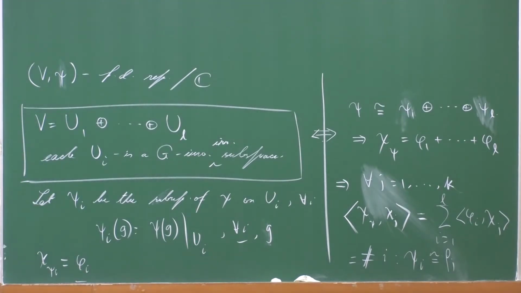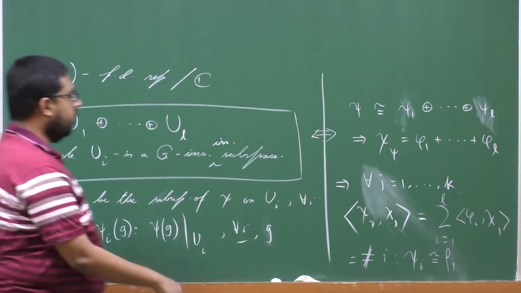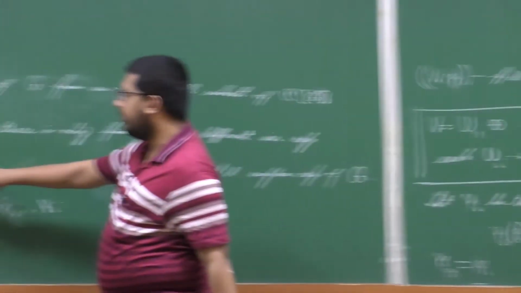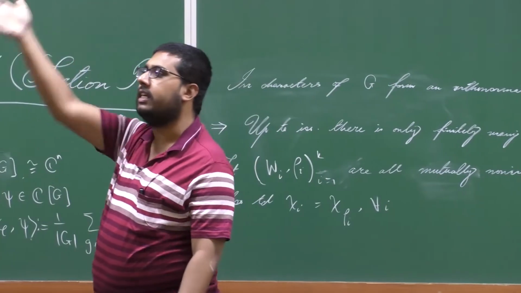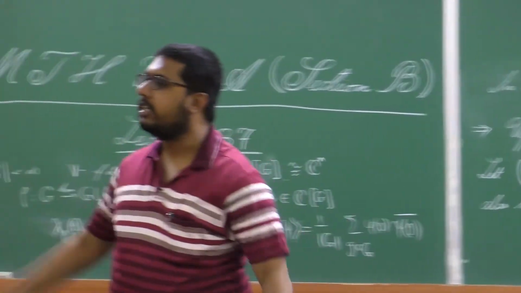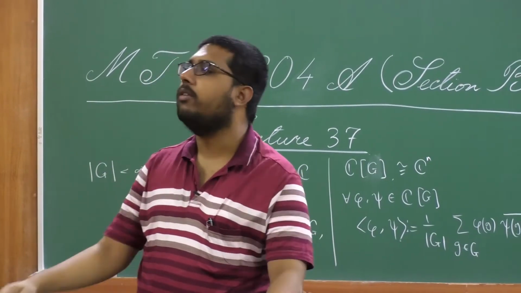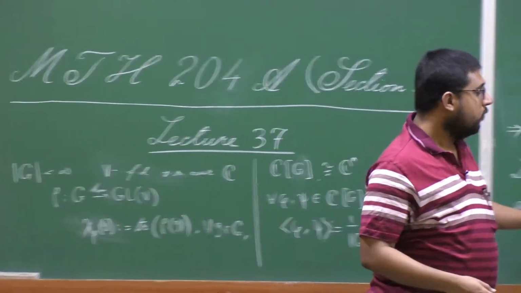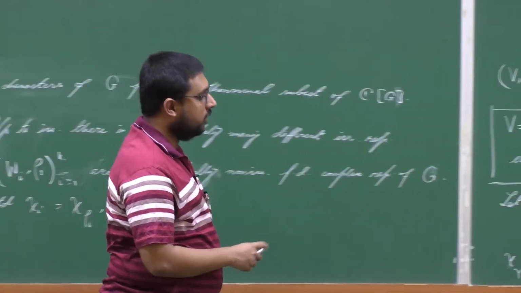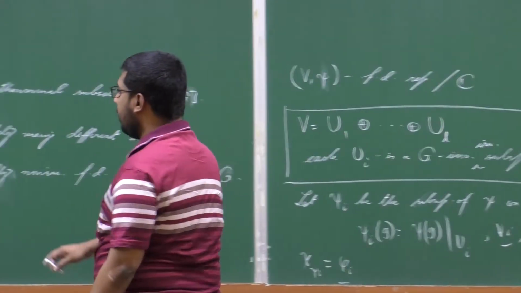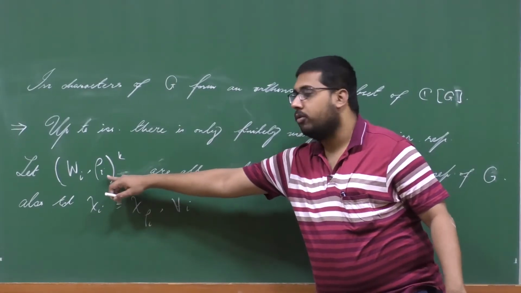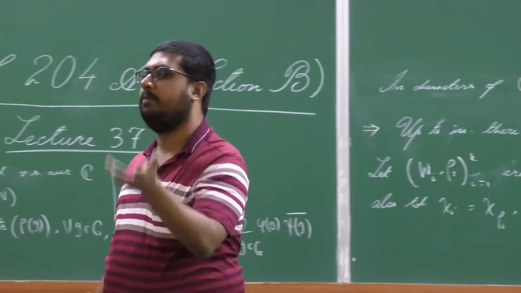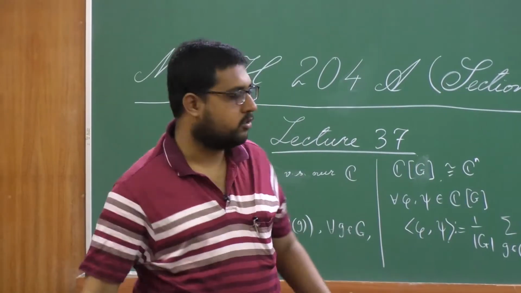So this is for any j. Let me repeat what I am doing, corresponding to every j. We have already fixed representatives from each of the isomorphism classes of finite dimensional complex representations. These are denoted by rho i's, and let's take the underlying space on which the representation takes place to be Wi.